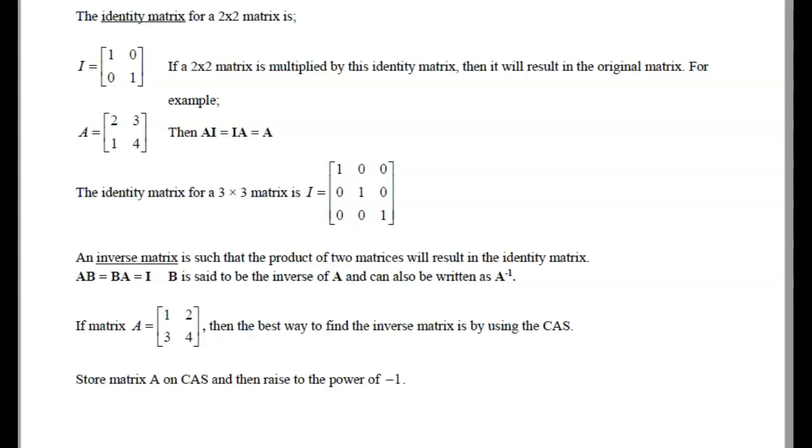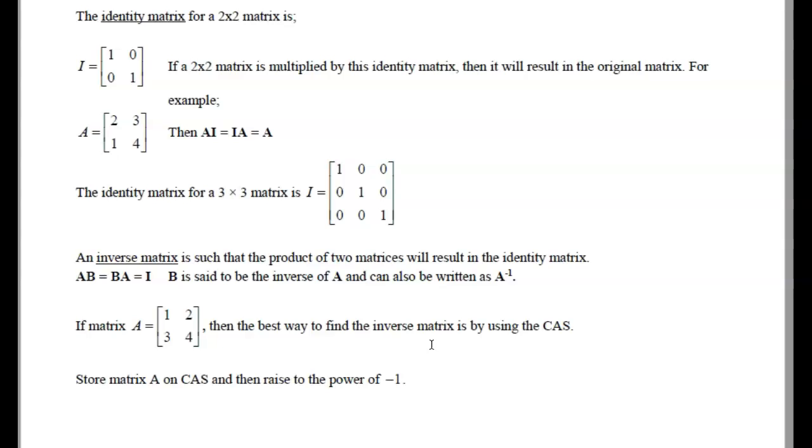The same as when you're working with normal numbers, if you multiply 5 by its inverse, which is 1/5, you get 1. In matrices, when you multiply a matrix by its inverse, you get its identity matrix. Okay, and remember the identity matrix is the same as 1.